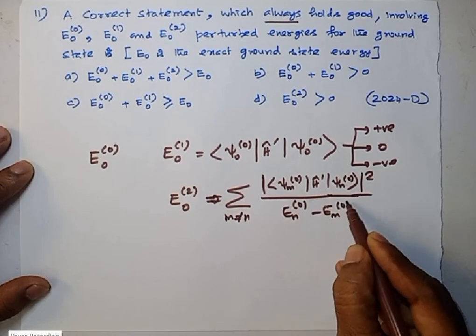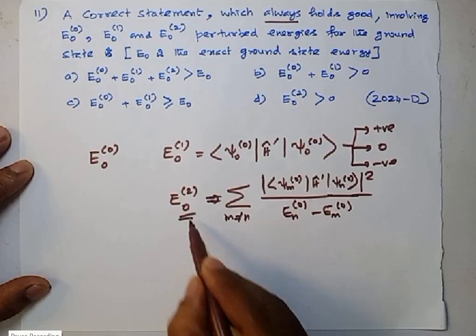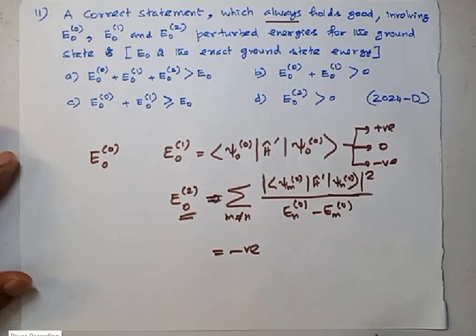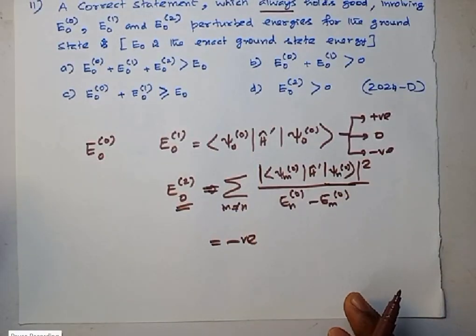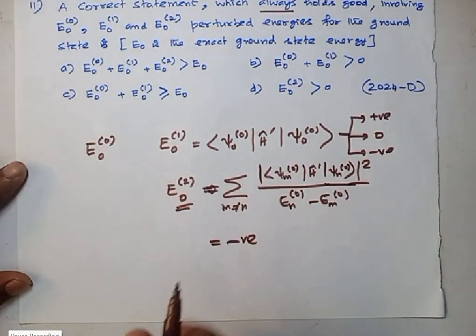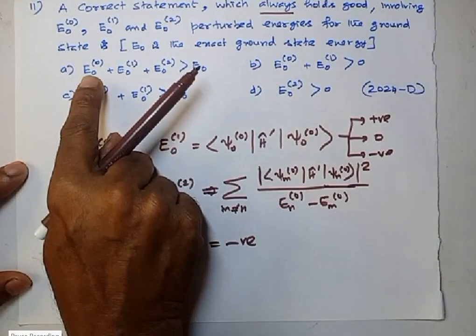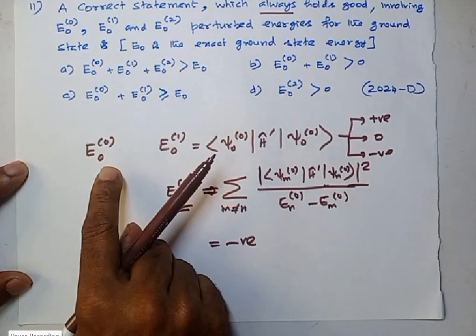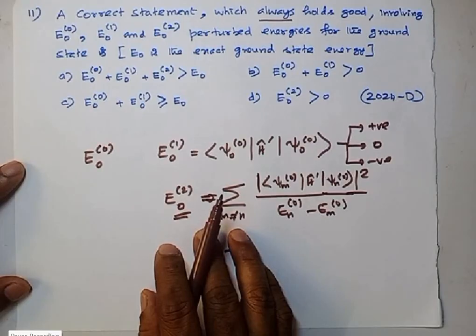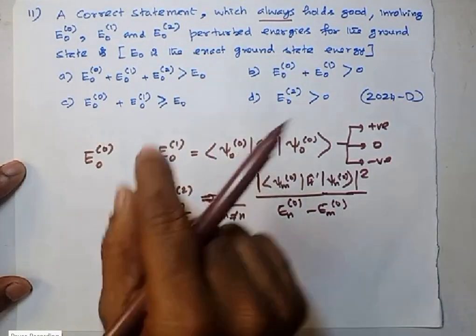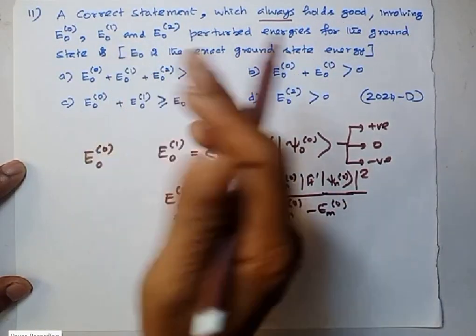I have given this formula already, but for the ground state, this value is always negative. Observe this carefully. So for the ground state, is the sum of these three always greater than 0, where E0 is the exact ground state energy?